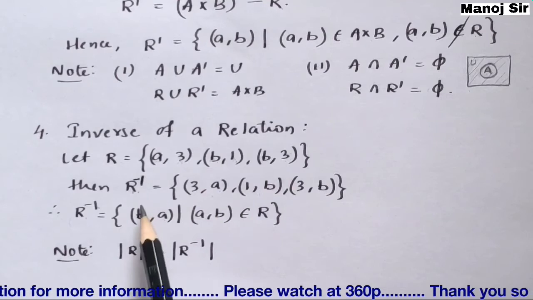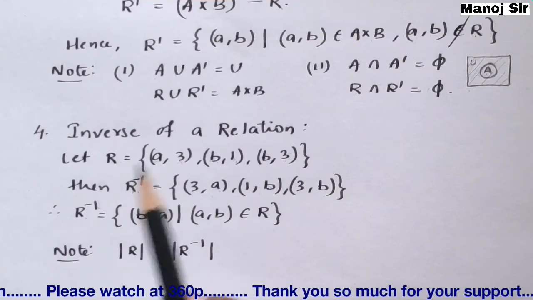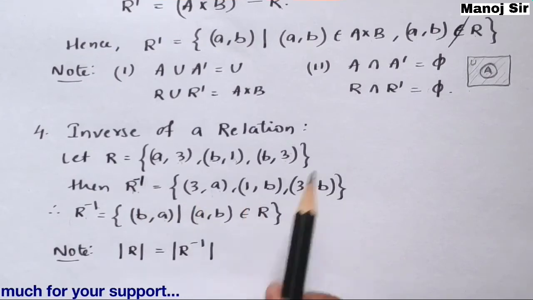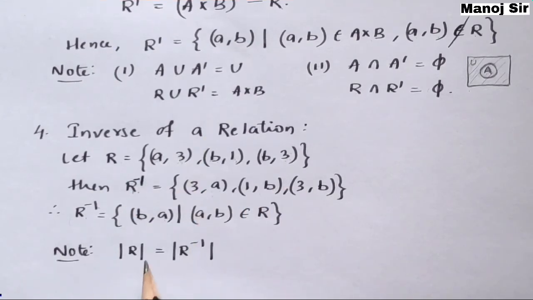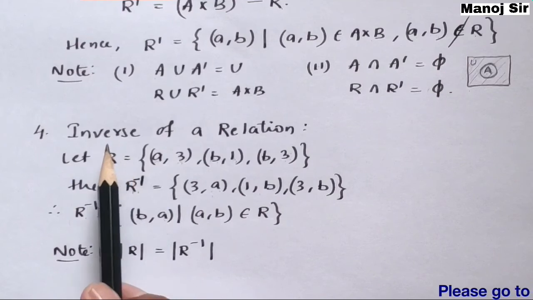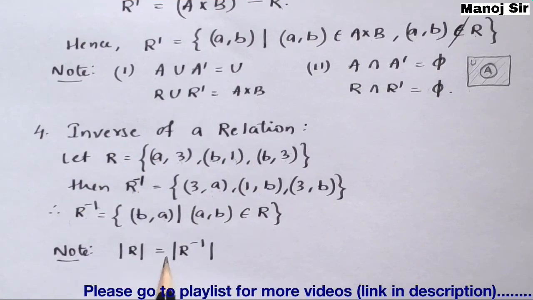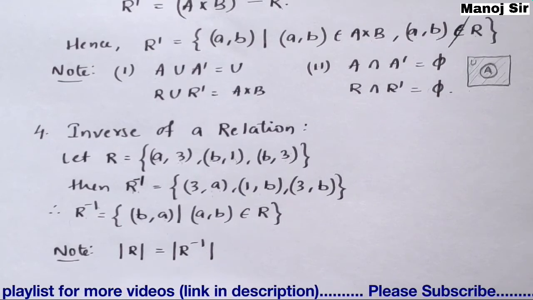So the cardinal number of the relation and of its inverse are the same. There is an important point in the case of the inverse of a relation: the cardinal number of R as well as R inverse, both are the same.